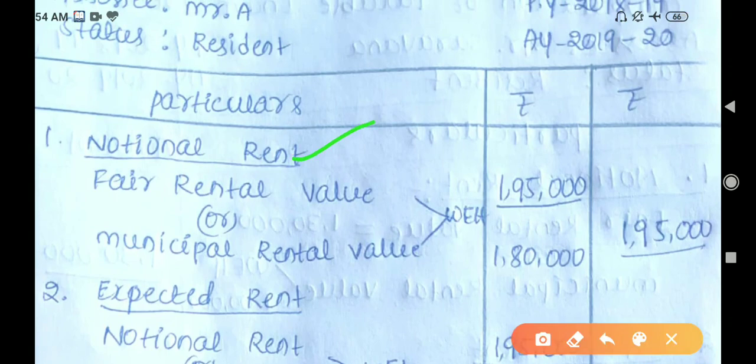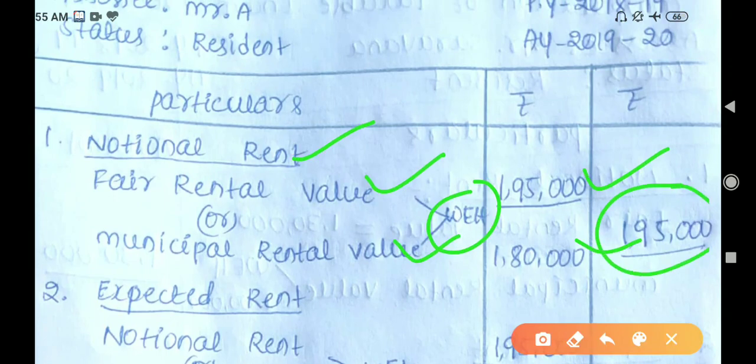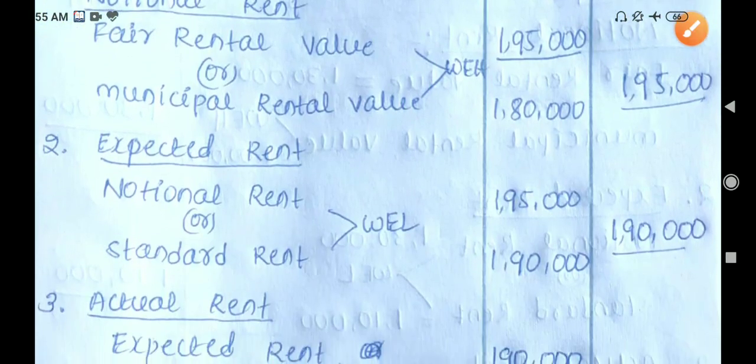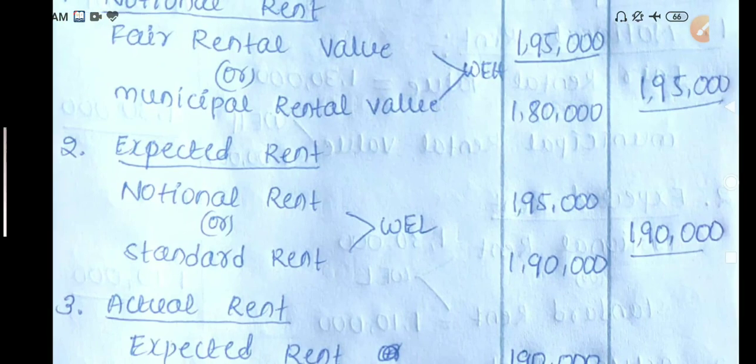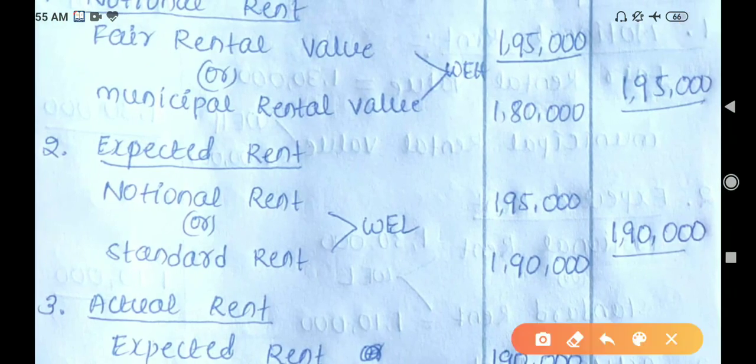In order to calculate notional rent, you have to compare fair rental value and municipal rental value, whichever is higher. Fair rental value in the question is 1,95,000, municipal rental value is 1,80,000, so whichever is higher is 1,95,000.